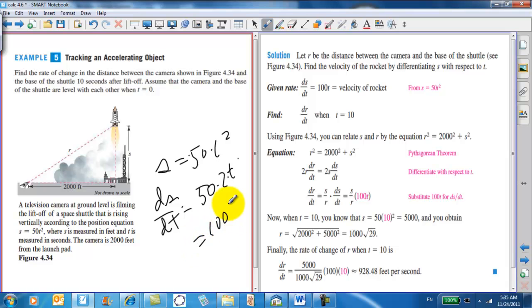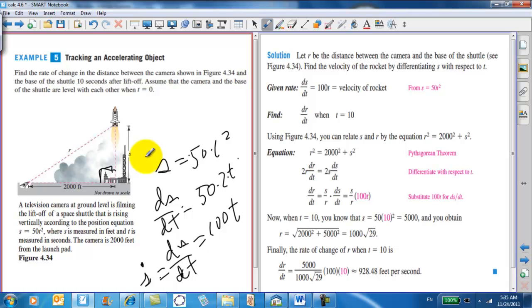So that's where you get 100t for ds/dt, or s dot, equals 100t. We want to find dr/dt when t equals 10. So we can relate the rates with the Pythagorean theorem, because this is a right triangle.